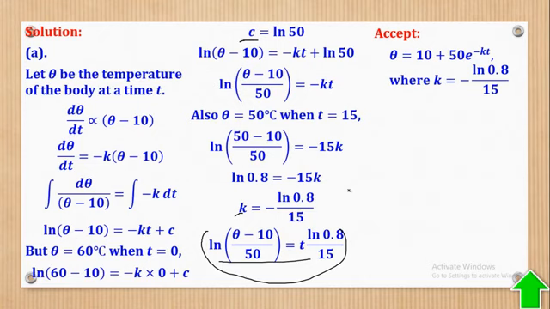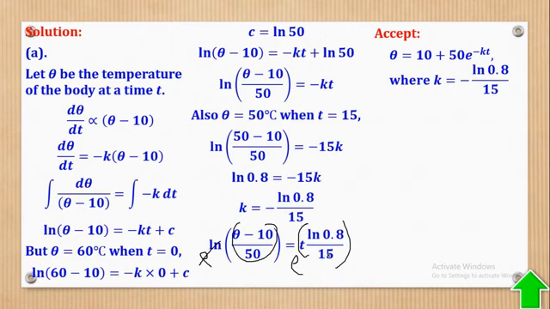But if you want, you can still use exponentials by putting e on both sides to come up with this equation. So I hope you know where it comes from, because when I put e here, and I also put the whole of this in a bracket, you realize that this cancels, you remain with this, and here it will be e to the exponent of t ln 0.8 over 15.